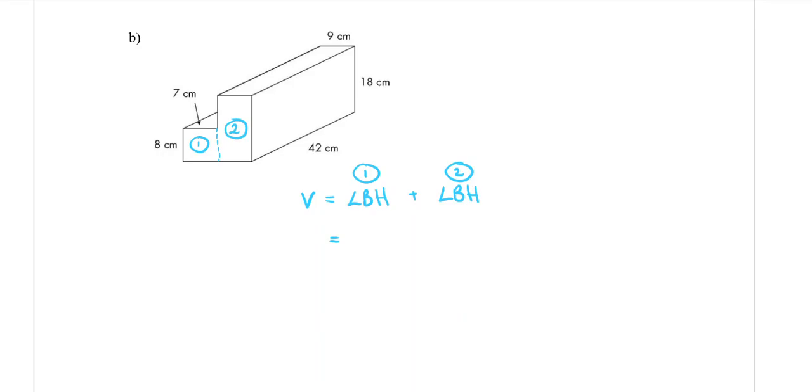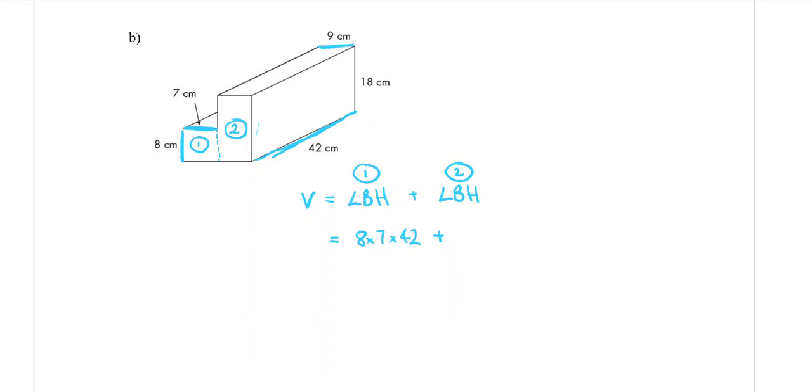Okay, so what is the LB and H for my first rectangular prism? I have an 8, I have a 7, and then the one that would be going way back would be the 42. So we have 8 times 7 times 42. Plus, now we want to do the second rectangular prism. What's its measurements? Well, we can't see any measurements on the front, but have a look at the back.